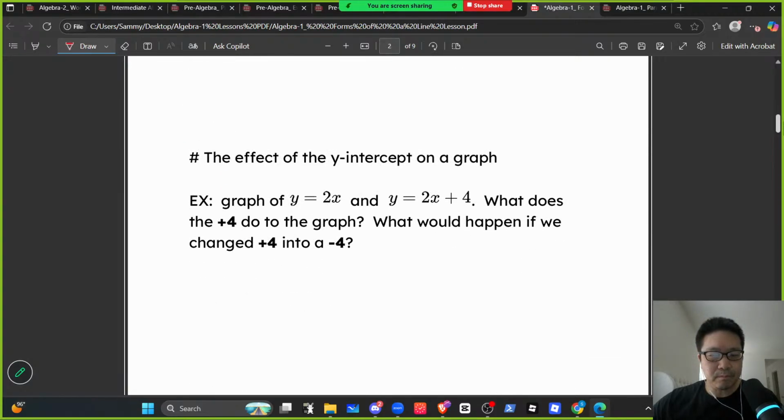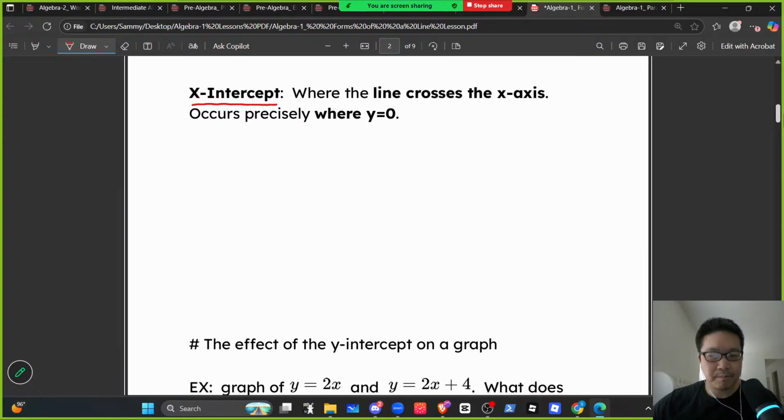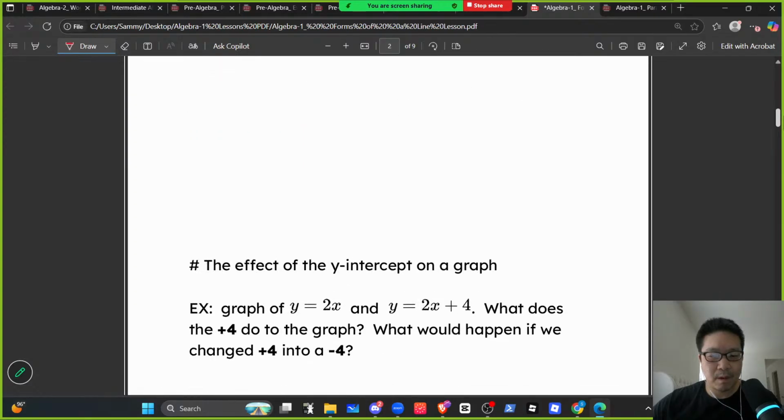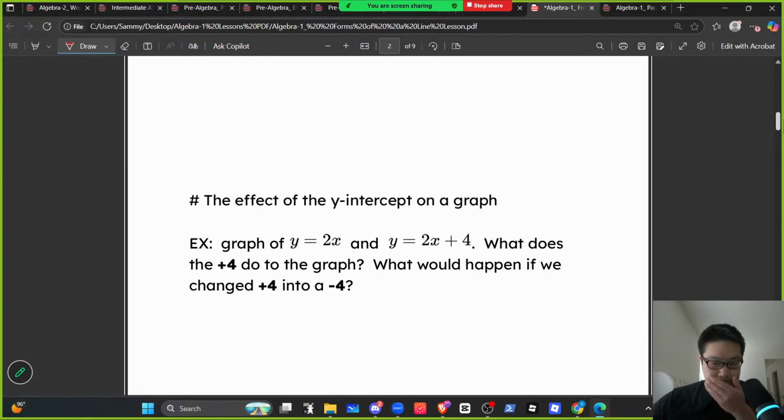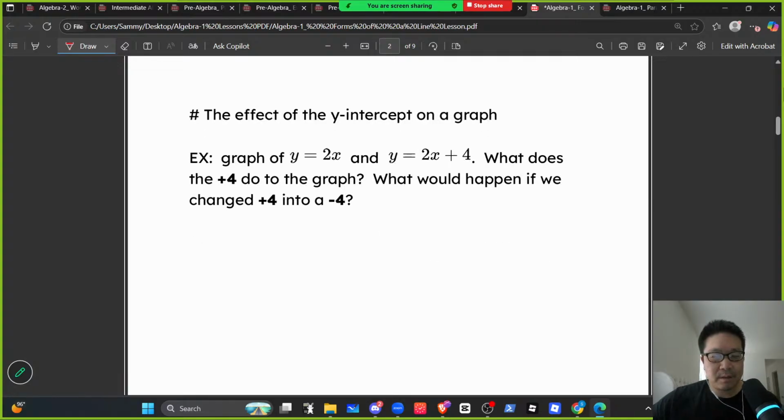Let's try this example. The purpose of this is to see the effect of the y-intercept on a graph.